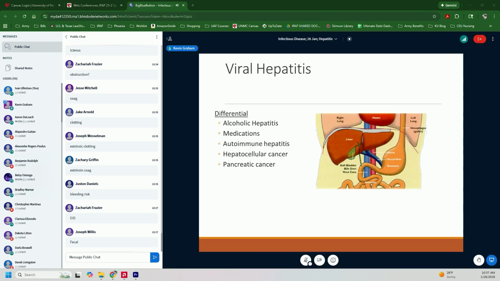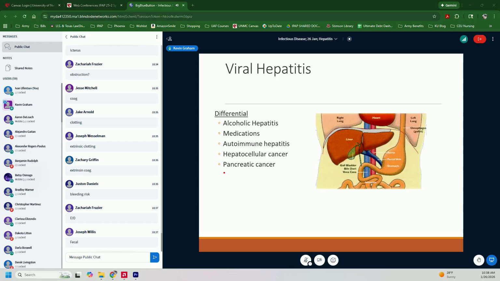Some things that can be on the differential if you have somebody with hepatitis: alcoholic hepatitis is always on the differential. Medication can cause it, autoimmune disease can cause it, hepatocellular cancer can cause it, pancreatic cancer. There are two things not mentioned here that I would recommend you consider if you have an acute inflamed liver. One is cholecystitis, gallbladder disease.